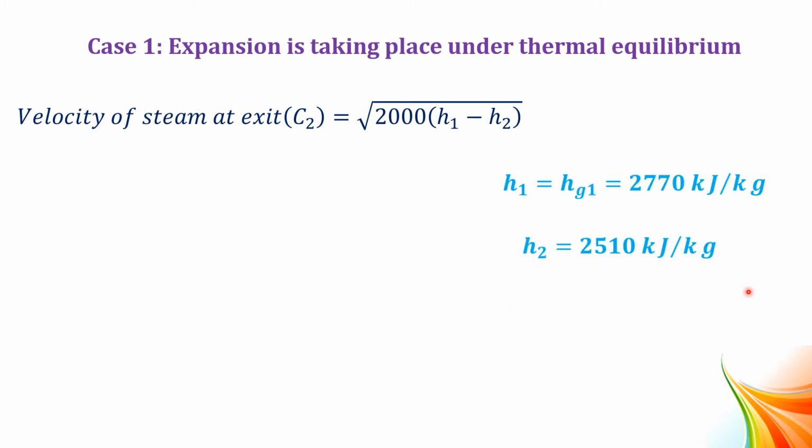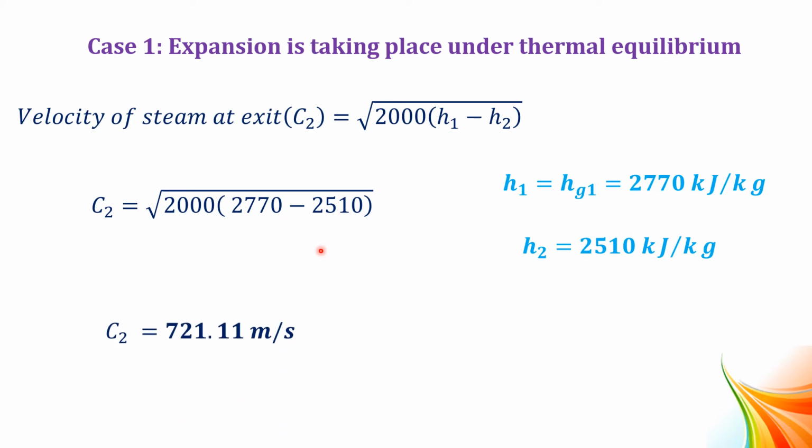H1 and H2 values we have obtained from the Mollier diagram. Now substituting these values in this equation, we get C2 equal to 721.11 meters per second. This C2 is the velocity of steam at the exit of the nozzle when the flow is under thermal equilibrium.